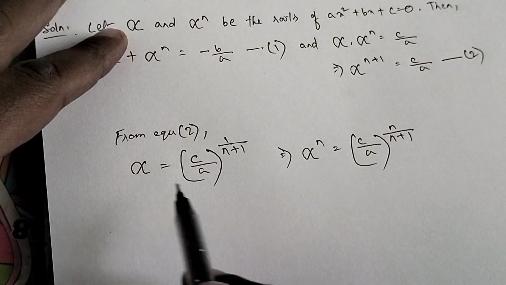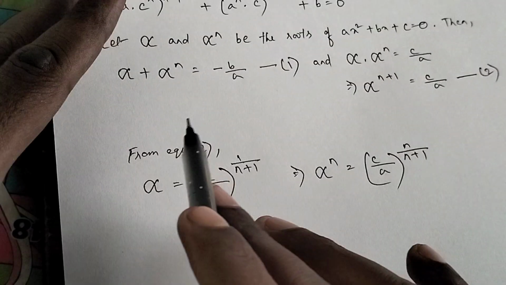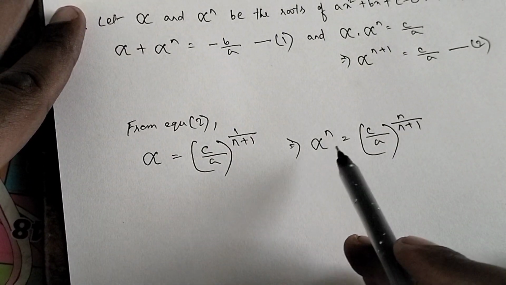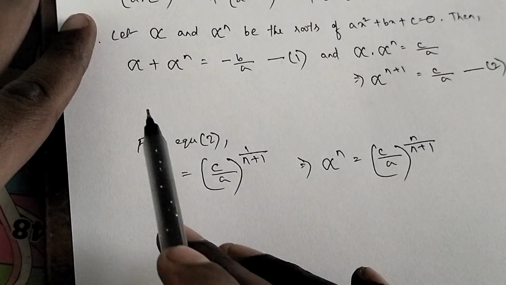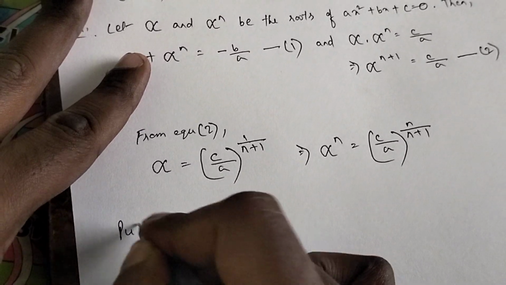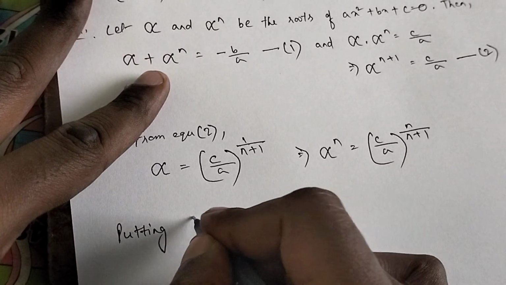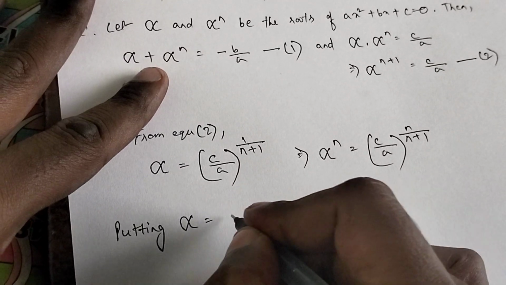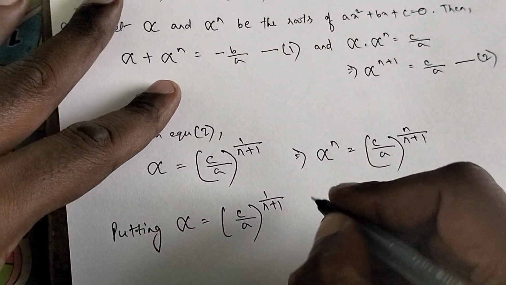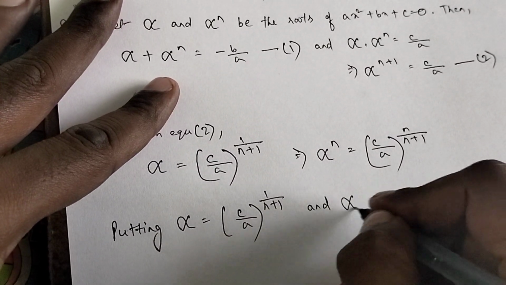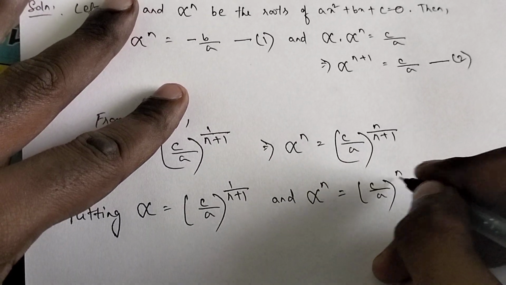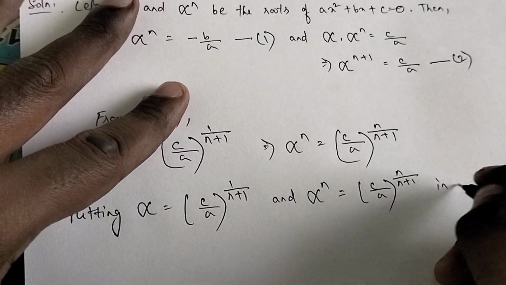Now we'll put these two values of alpha and alpha to the power n in equation 1, right? We have got the value of alpha and we have got the value of alpha to the power n as well. So we'll write like this, putting alpha is equal to (c by a) to the power 1 by n plus 1 and alpha to the power n is equal to (c by a) to the power n by n plus 1 in equation 1.